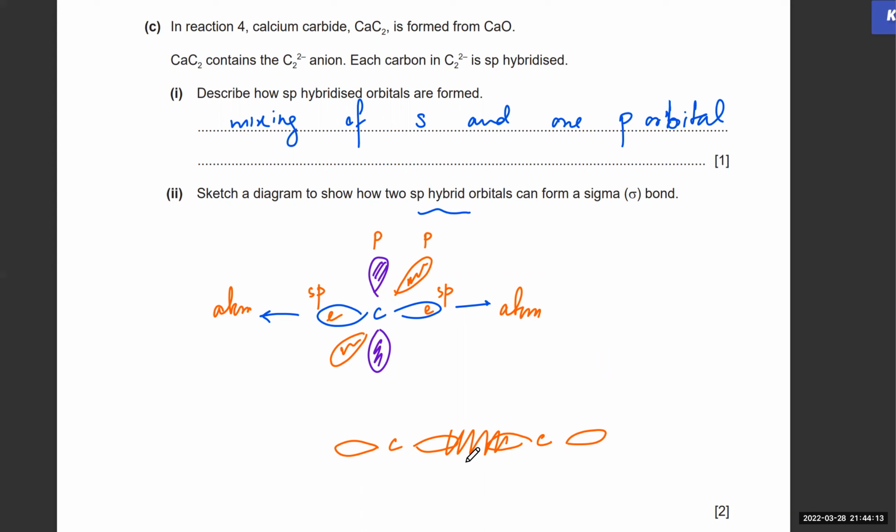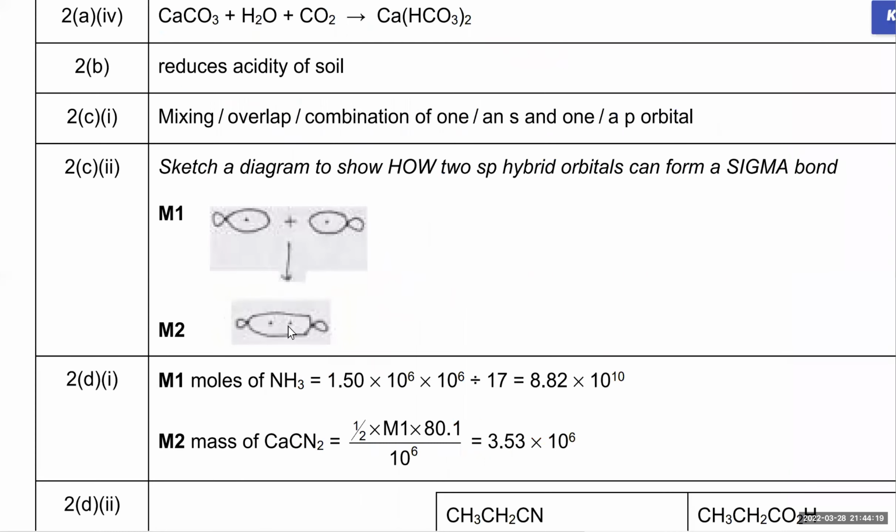This part is fine. There's nothing wrong with this. The electrons are now in the middle, and you have to show that the electrons are being pulled in either direction. So maybe you can show that before the bond was formed, they were pulling each other's electrons and they started overlapping in the middle.